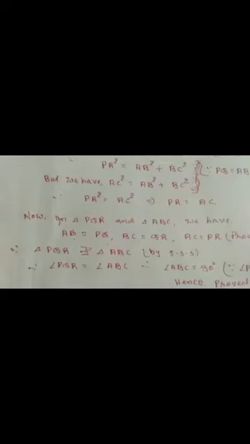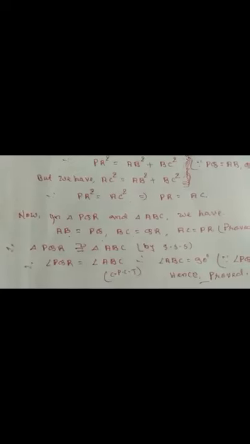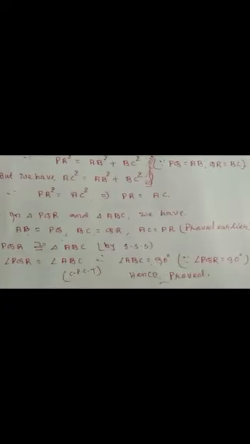And when these two triangles become congruent, their corresponding angles must be equal. So here we have angle PQR equals angle ABC by CPCT. CPCT means corresponding parts of congruent triangles are equal. And we have by construction that angle PQR was 90 degrees. So angle ABC will also be 90 degrees, and hence we proved the theorem.